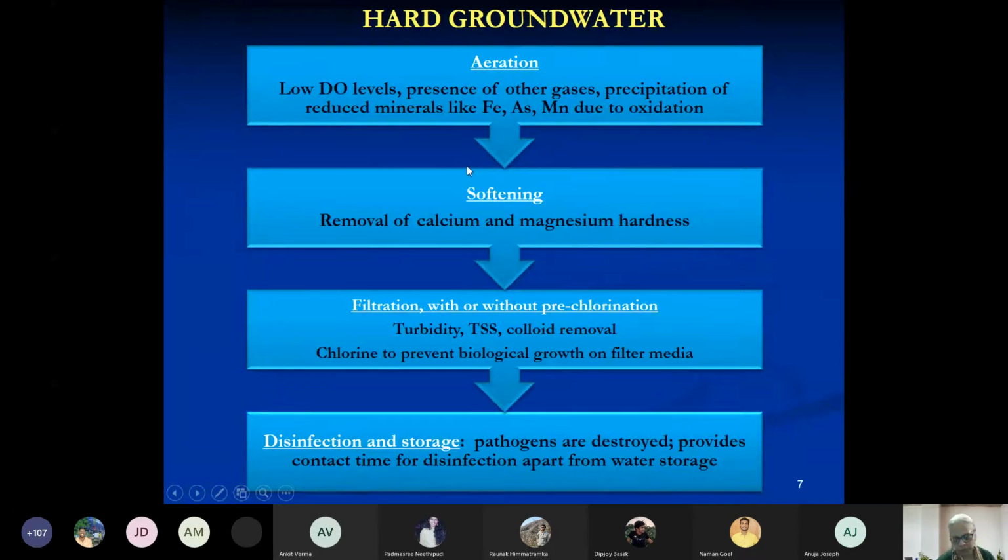As the temperature goes down, the DO level dissolved in water goes up. So that's why cold water in general tastes better than warm water. But because groundwater is not in contact with the atmosphere, you often get a lack of equilibrium and you get low DO levels in this groundwater. So when you taste the water, it may or may not taste very good. Okay.